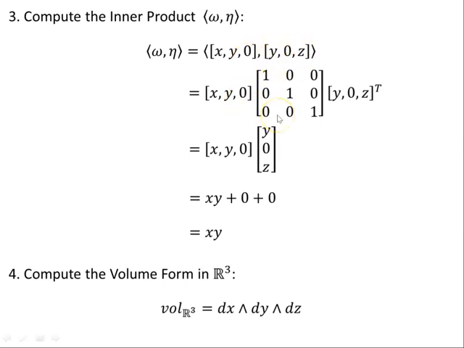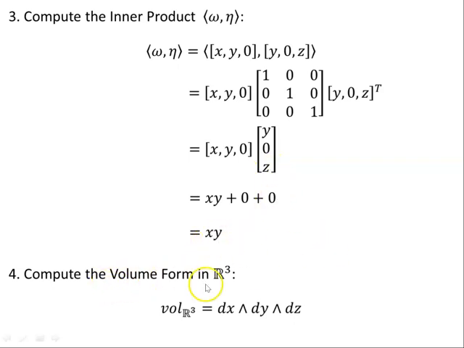When we compute that inner product, we'll have x, y, 0 with the transpose of y, 0, z, because remember we had x dx, y dy, and for this one we had y dx and z dz. When we do that, we have x times y, but y times 0 is 0, and 0 times z is 0. We're just left with xy.